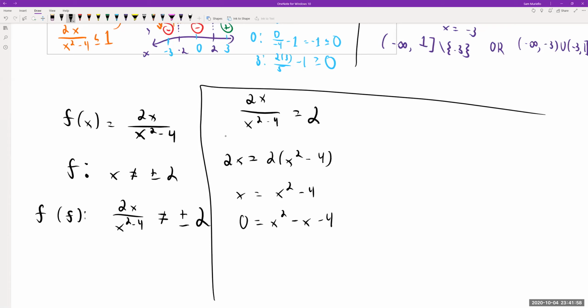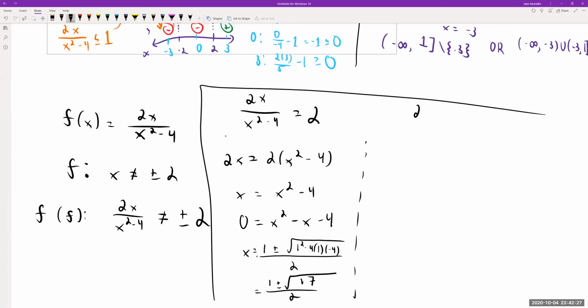So let's check quadratic formula. 1 plus or minus the square root of 1 plus 16, over 2. So this would be 1 plus or minus the square root of 17 over 2.